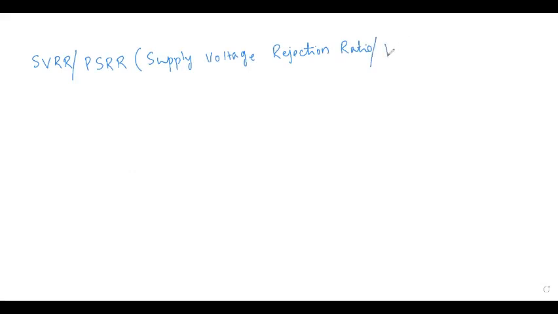PSRR means power supply rejection ratio. So SVRR is the ratio of change in op-amp's input offset voltage to the change in supply voltage.